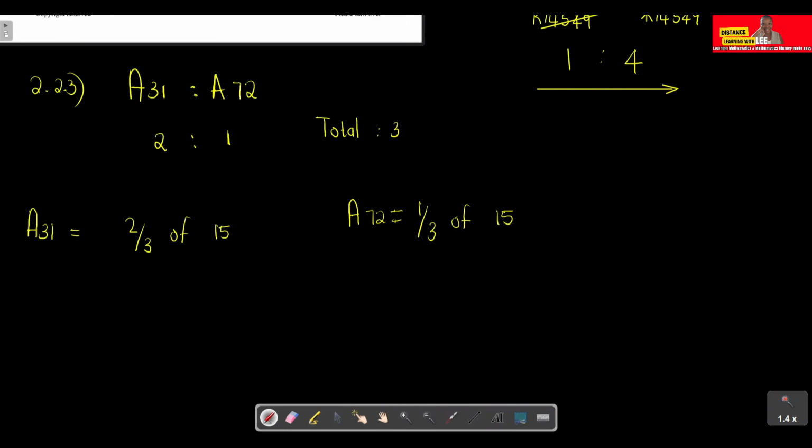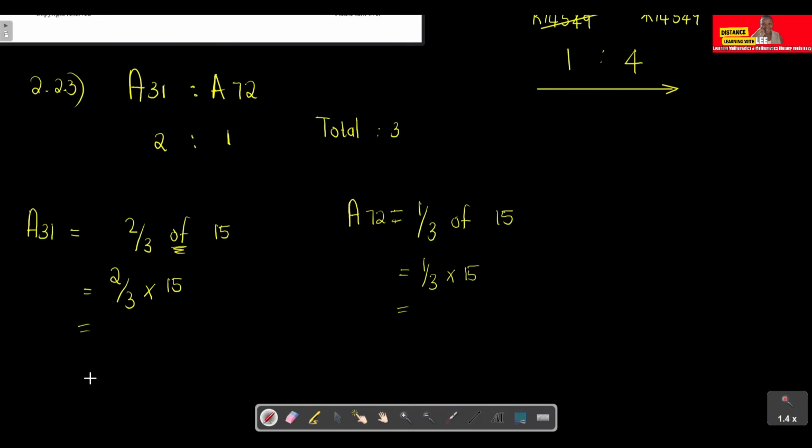And here, what do you already know? When you see the word "of", that means that we are multiplying. So 2/3 multiplied by 15 will tell us how many A31 phones he bought, and 1/3 multiplied by 15 will tell us how many A72 cell phones he bought.